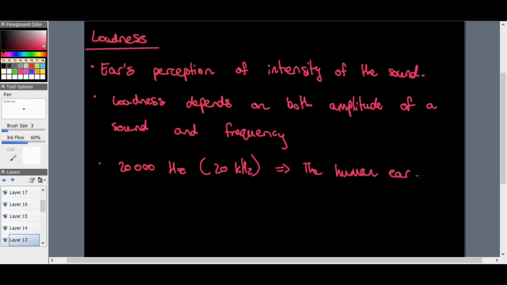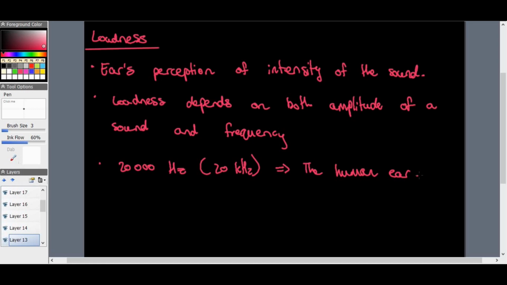Now, I mentioned bats, but another creature is dolphins. They also navigate and use ultrasound with frequencies in the range of 20 to 100 kilohertz, or 100,000 hertz. Ultrasound is also used by humans, in the medical field, with medical applications such as the device that's used to hear the heartbeat of a baby while the baby is still inside his or her mother's womb.